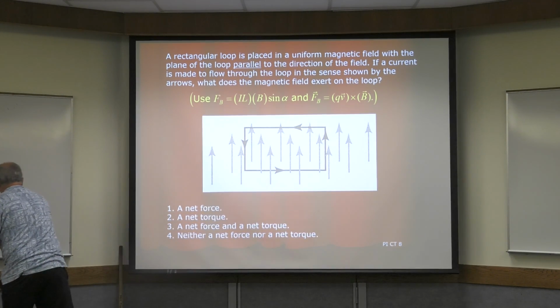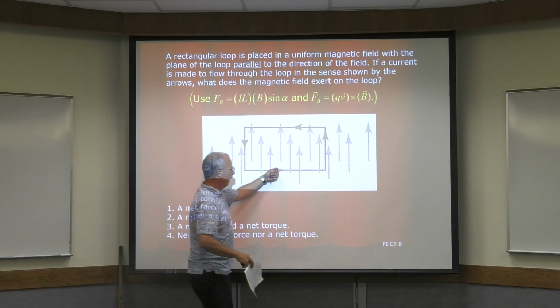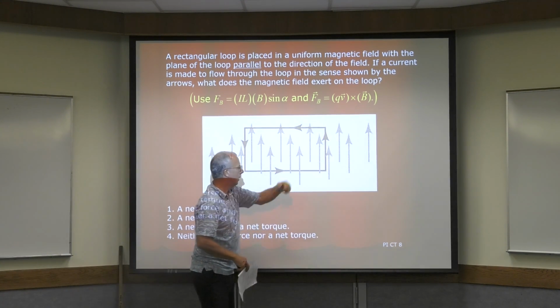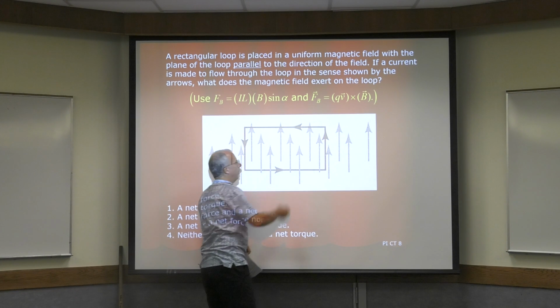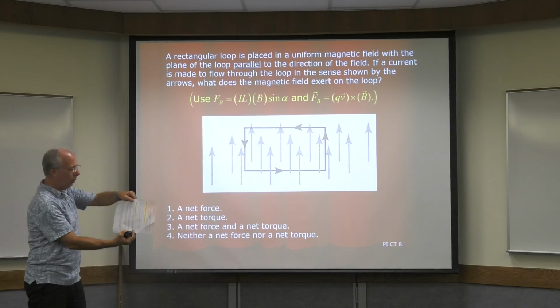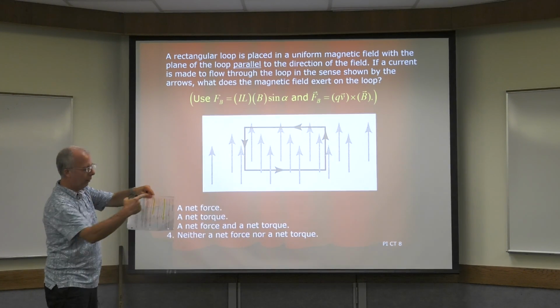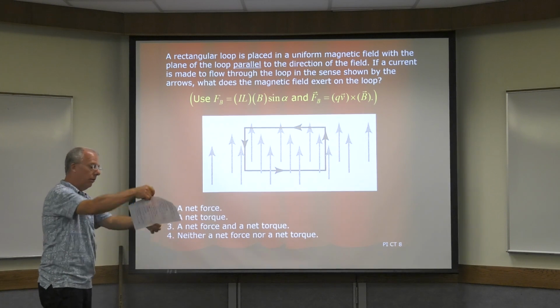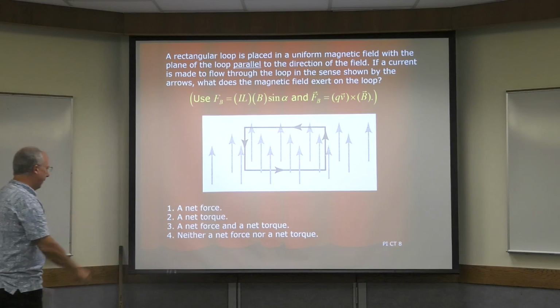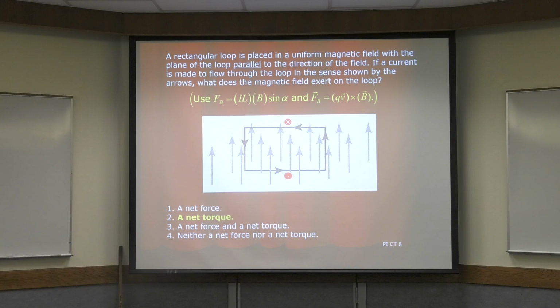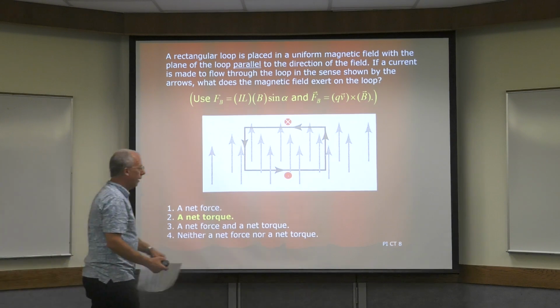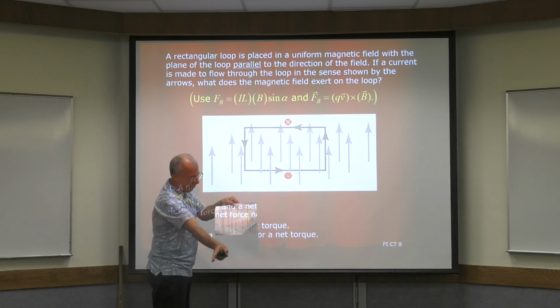So what you get, like I said, is a force this way on this bottom piece, this way on this top piece. So what's this thing going to do? If there's a force going like that and a force going like that, it's going to rotate. Now notice the forces cancel, because this is equal and opposite to that.